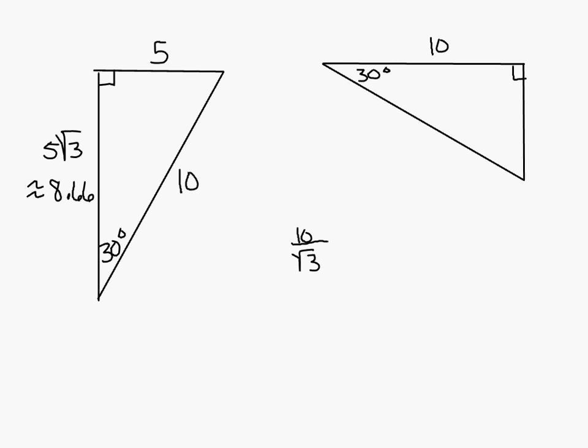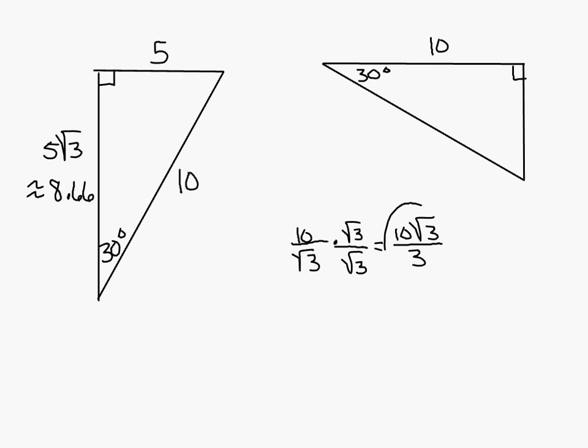We're going to simplify the radical first, and then we'll put it in the calculator. So 10 divided by the square root of 3, you got to rationalize the denominator, so you multiply the numerator and the denominator by the square root of 3. 10 times the square root of 3 is 10 radical 3. The square root of 3 times the square root of 3 is the square root of 9, which is 3.